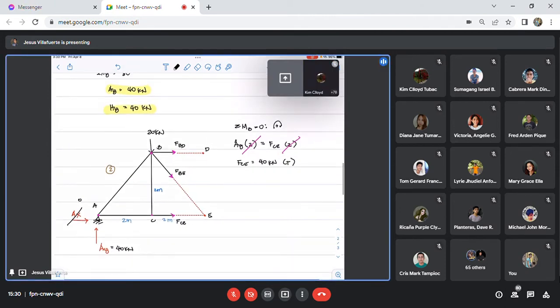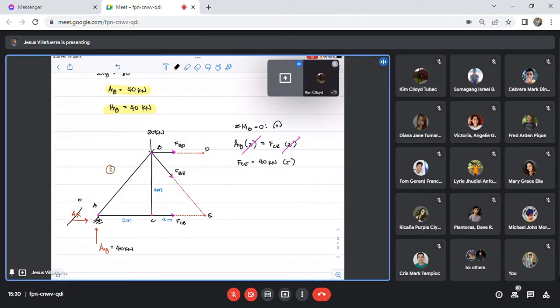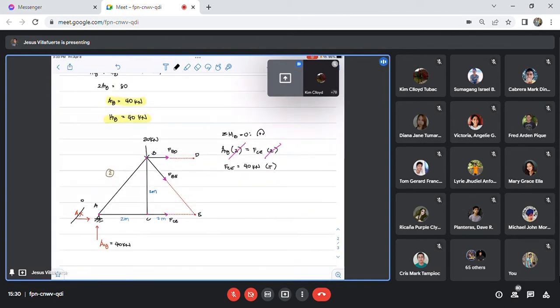We can do summation of vertical forces because we can calculate FBE. At least then we will know the others.